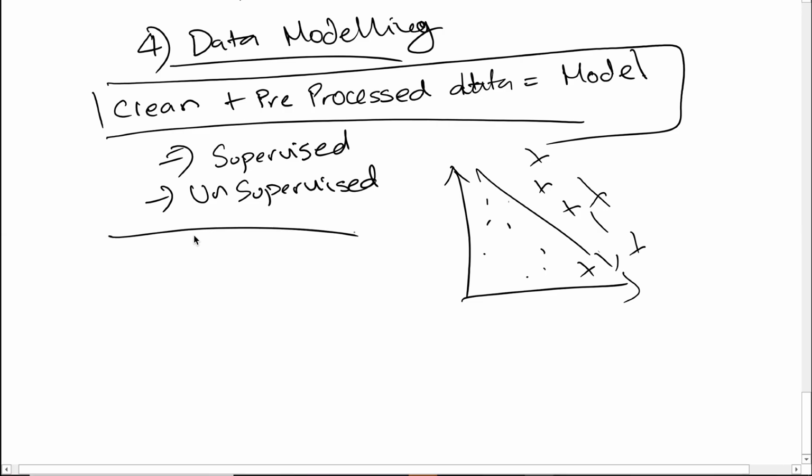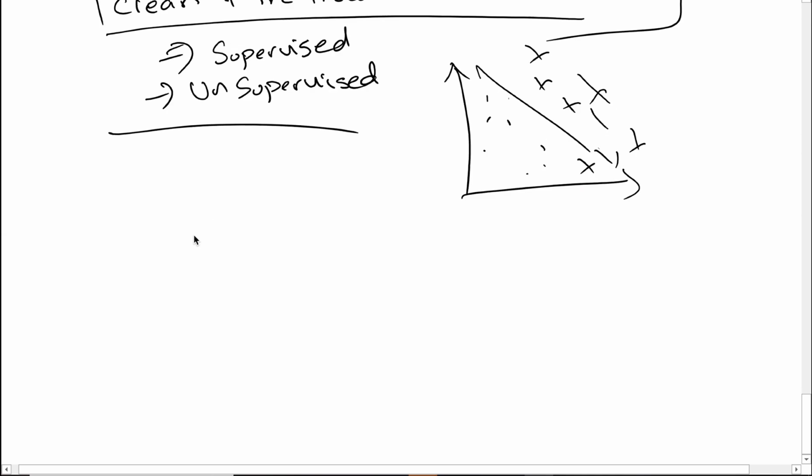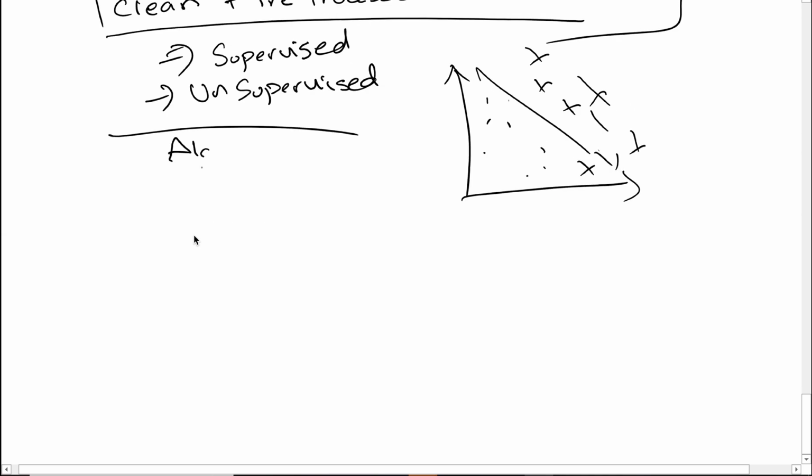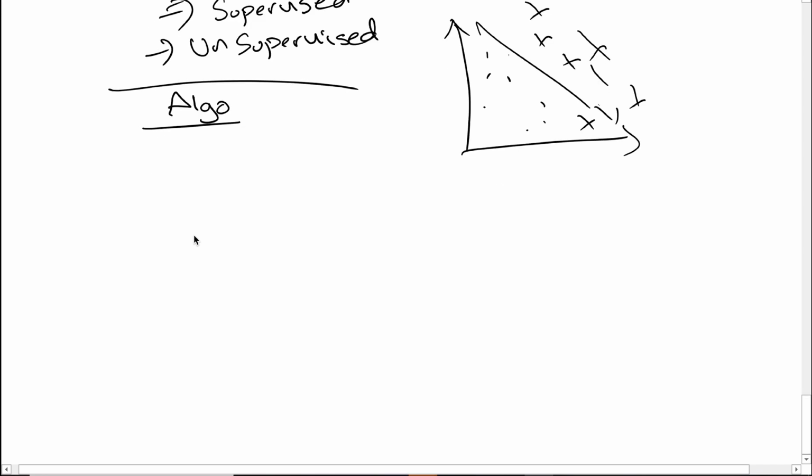Now when it comes to your actual algorithms, there are a wide range of algorithms that you could use when it comes to data modeling. You've got your support vector machine, neural networks, decision trees, logistic regression, and lasso regression.